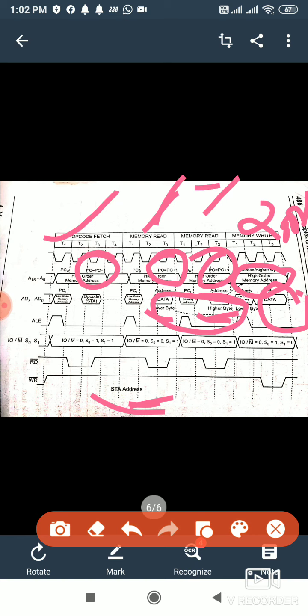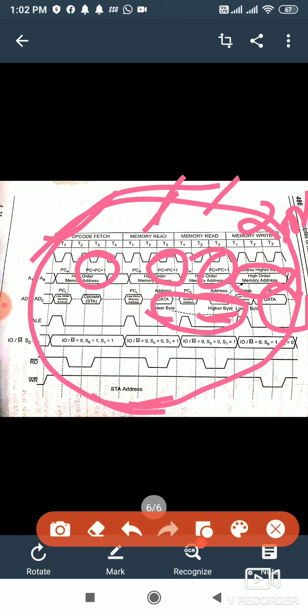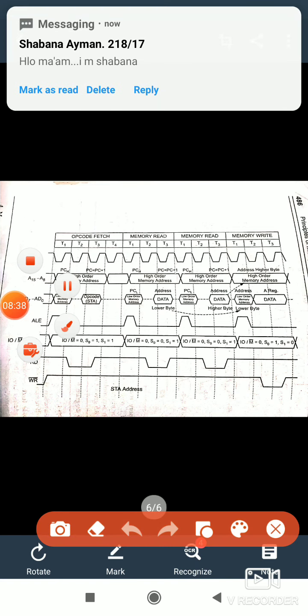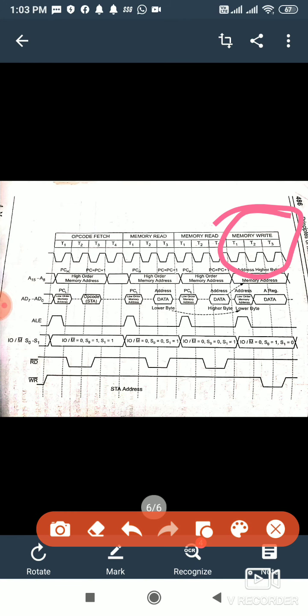So this is how we will draw the timing diagram of STA. Hope you are getting the concept of STA. Same is LDA, but in LDA we are loading the accumulator. So this memory write is changed into memory read in the case of LDA.